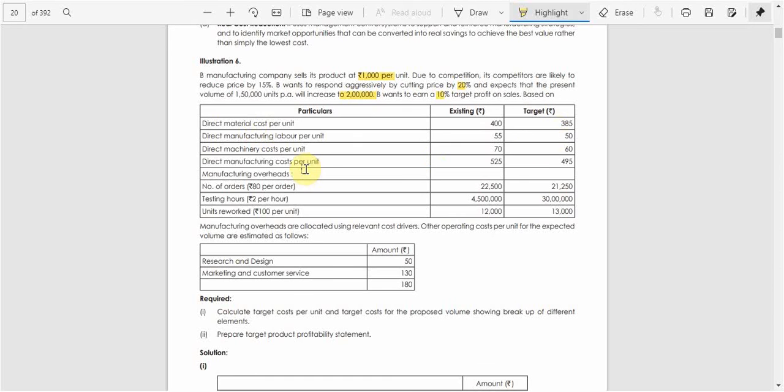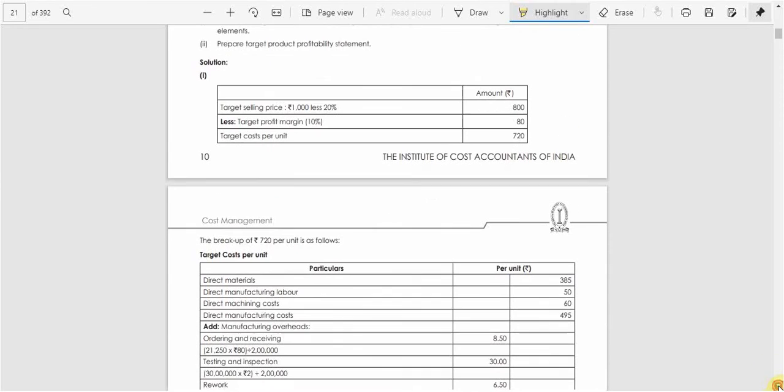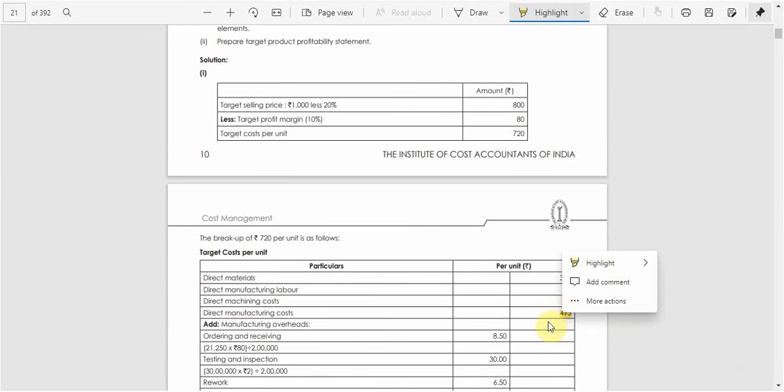Similarly, direct manufacturing labor cost per unit is given as 50. Direct machine cost per unit is given as 60. So the direct manufacturing cost is 495. That 495 is given here. Fine. To that we need to add the manufacturing overheads.